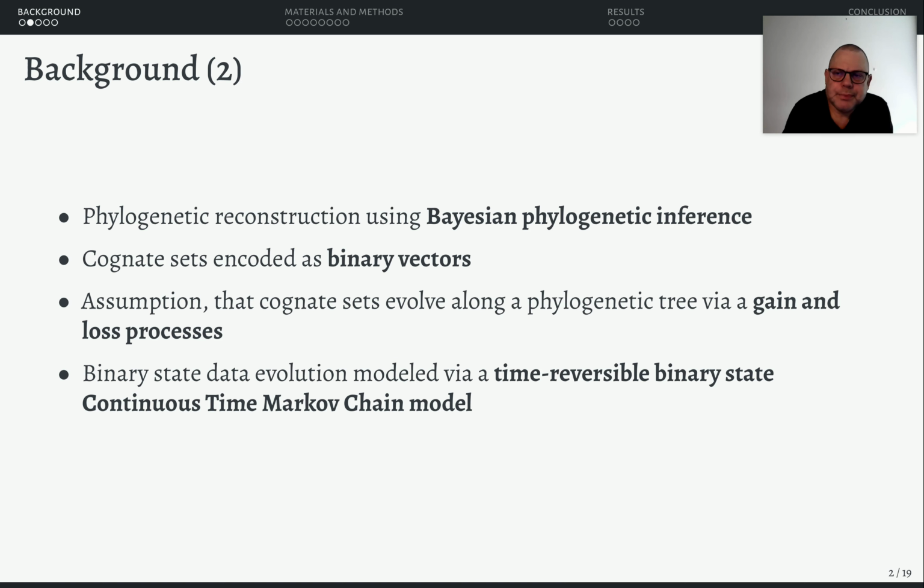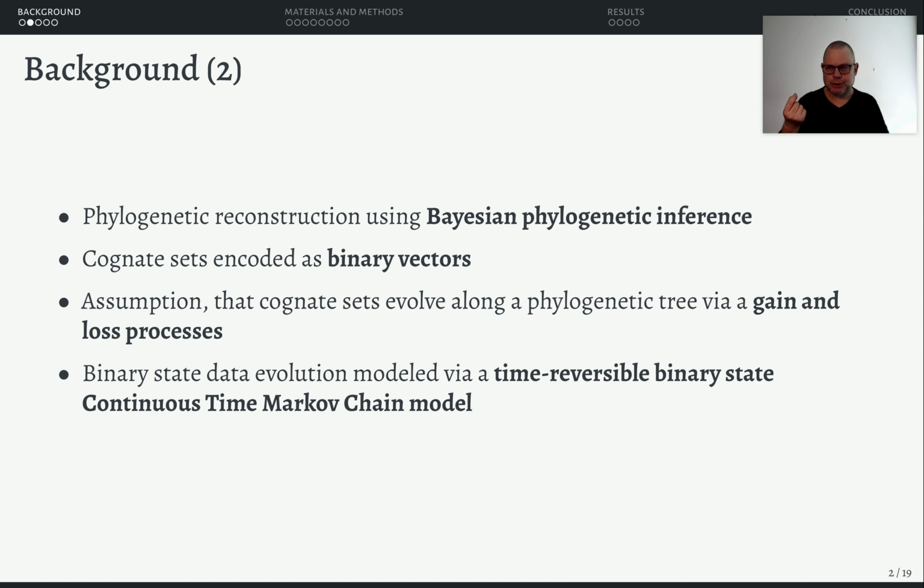In computational studies, the standard practice these days is to use Bayesian phylogenetic inference and use binary cognate vectors as input. We start with word lists. Human annotators classify these entries according to the cognate class they belong to.